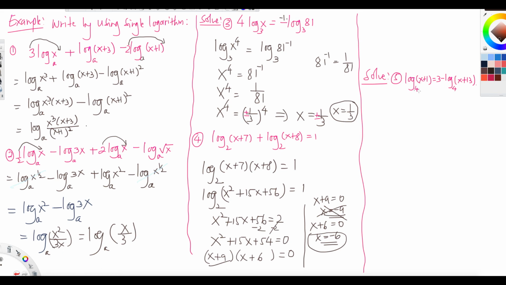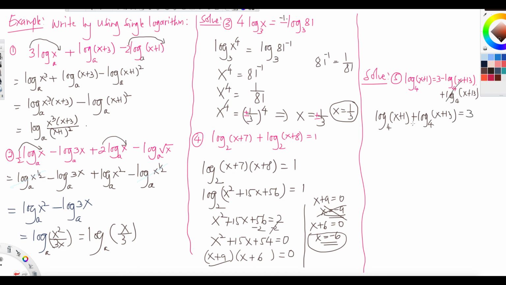So here there is one log on the left side, there is one log on the right side. Let us combine those two, bringing this to the left side. How do you do that? Add plus log base 4 of x plus 13. So what you get is log base 4 of x plus 1 plus log base 4 of x plus 13 equals 3, because that cancels out, right?